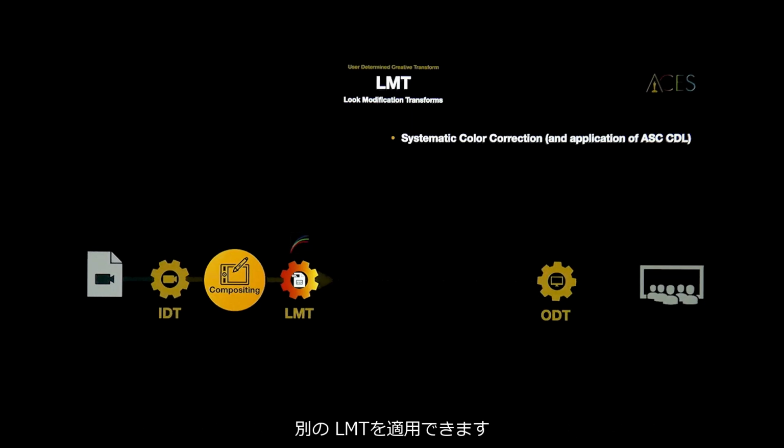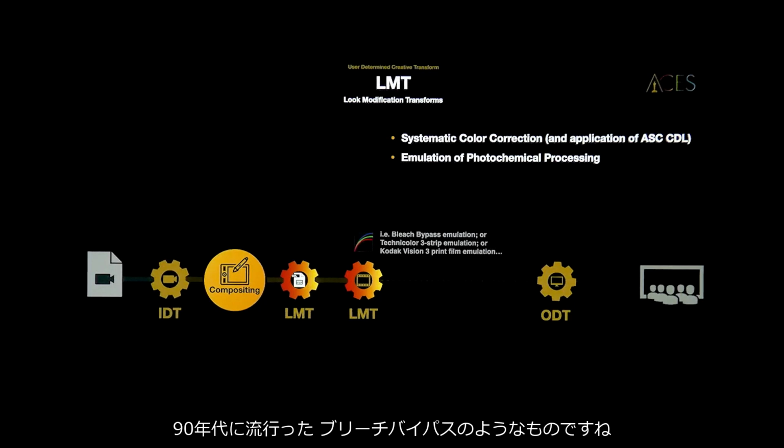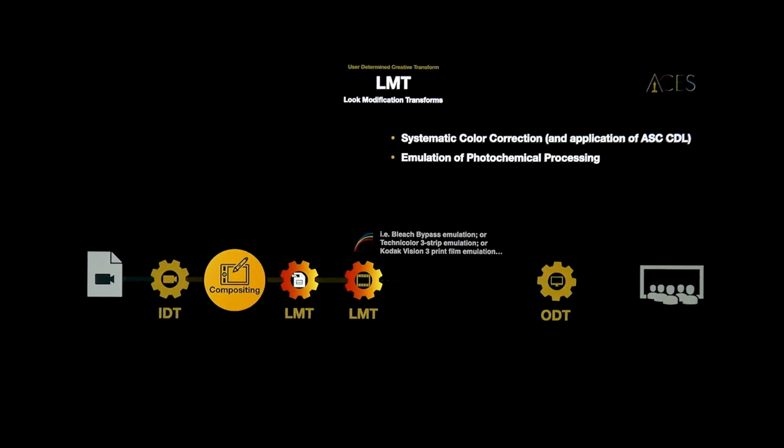So you can apply also after that another LMT that can be, for instance, an emulation of a photochemical processing. For instance, bleach bypass, which in the 90s was going really, really well because Spielberg was doing that with Saving Private Ryan. That is, for instance, another procedural color correction that you can apply.